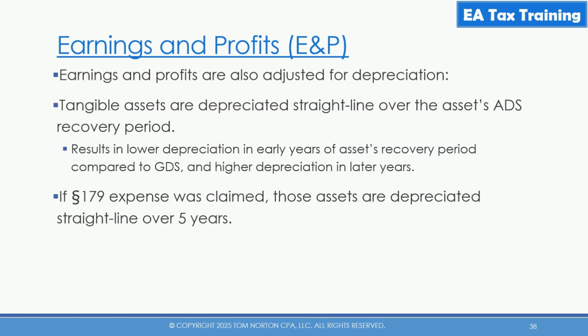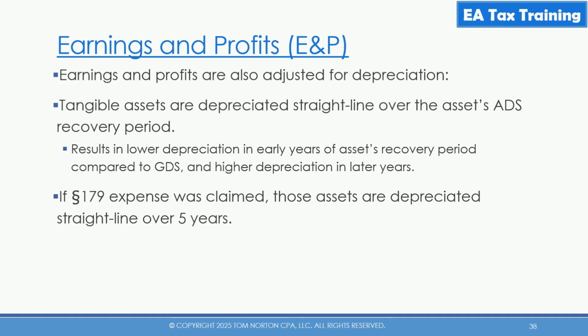Earnings and profits are also going to be adjusted for depreciation. The reason they are not on that prior list is because they could be either an addition to taxable income or a subtraction from taxable income, depending on the circumstances. So for E&P purposes, any tangible assets are going to be depreciated straight line over the asset's ADS recovery period.